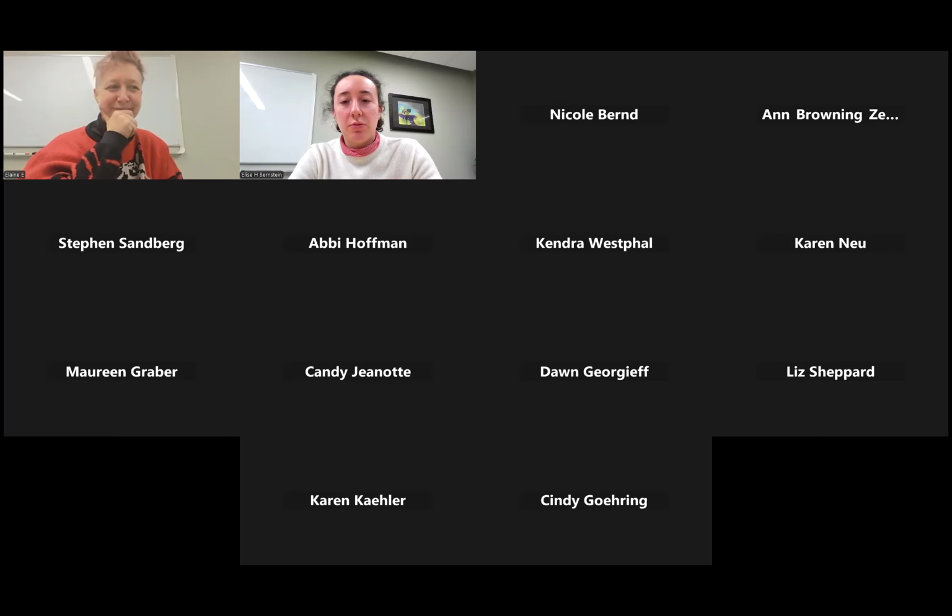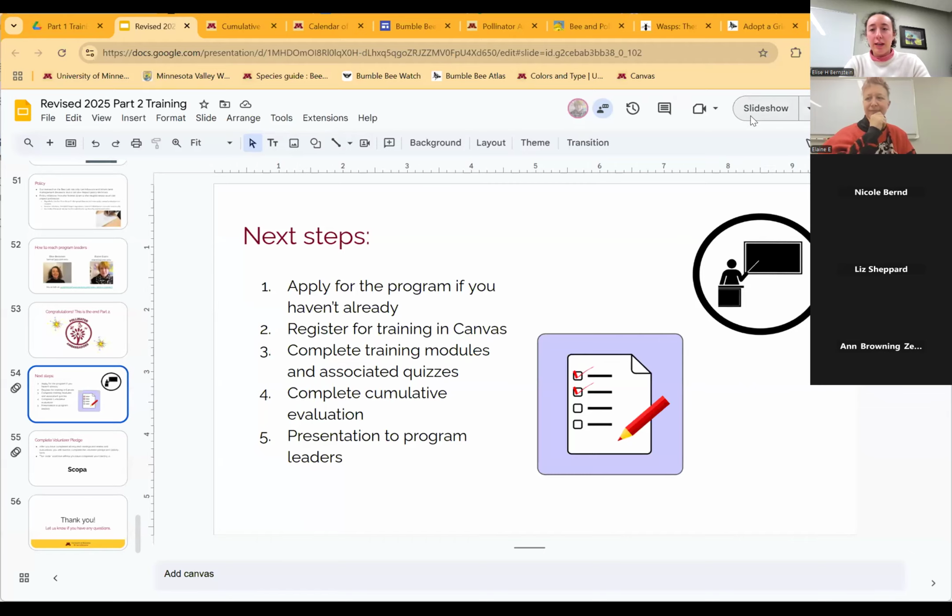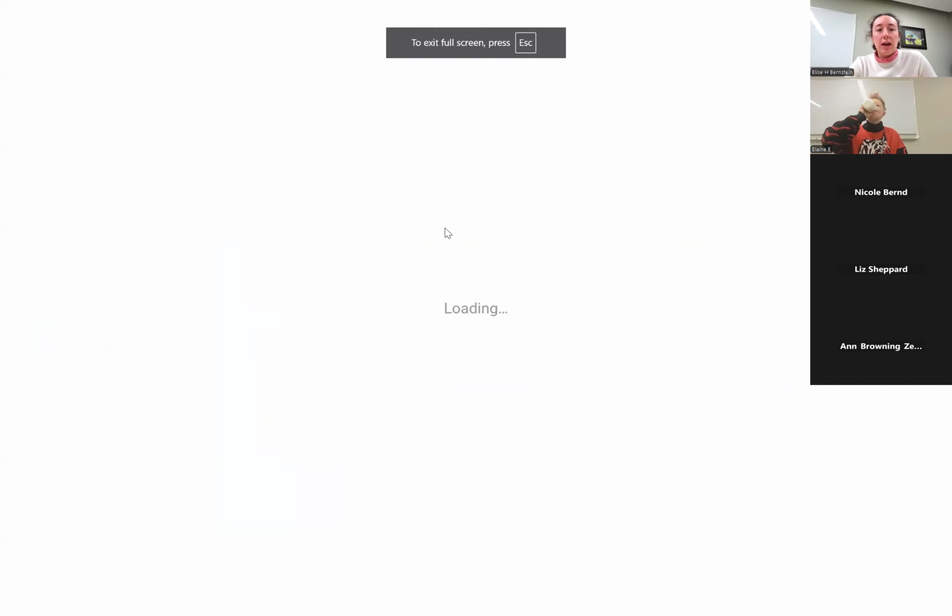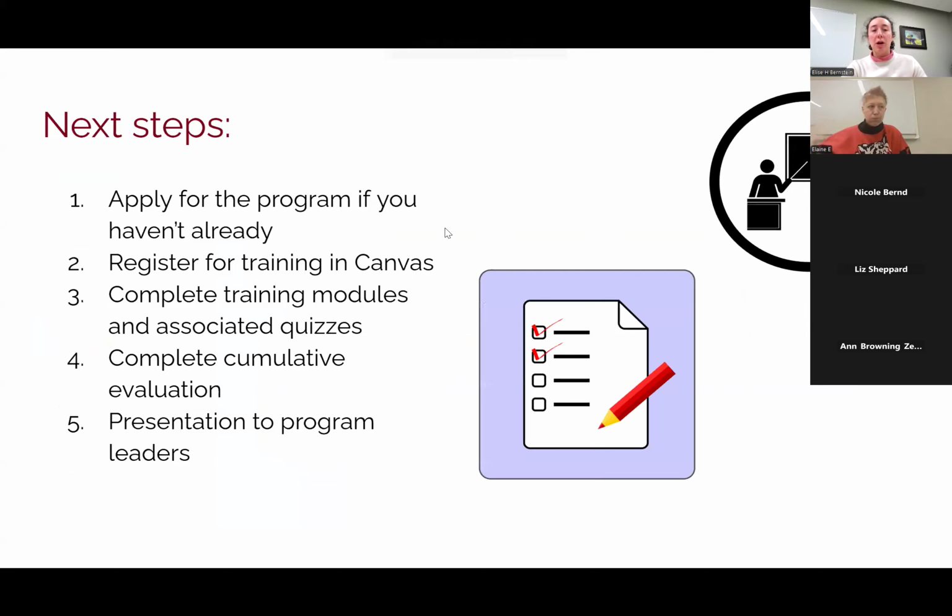I'm going to share one final slide here and we can wrap things up, just to talk about next steps really quickly. If you haven't already applied to be a pollinator ambassador, filling out that application gives us more information about your background and where you're based.